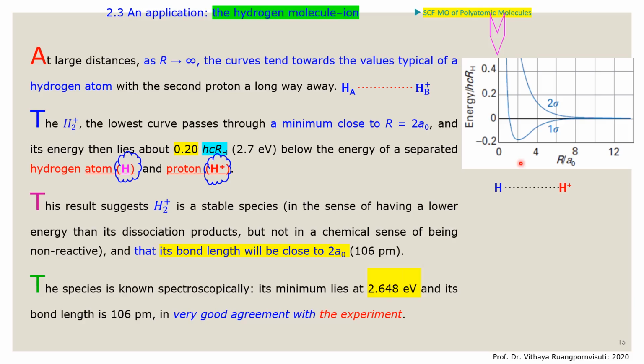It means that if we separate the hydrogen molecule ion, it can become a hydrogen atom and a proton far away.